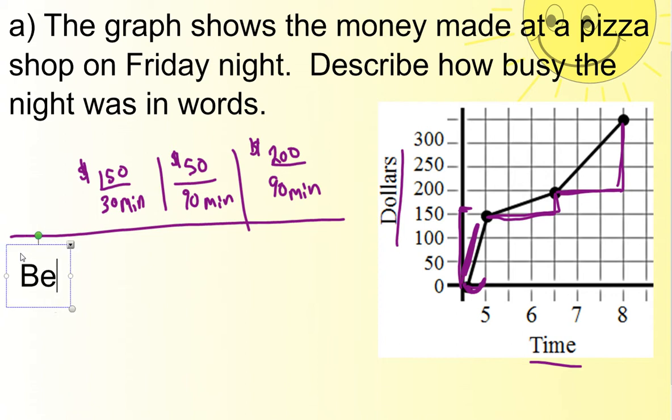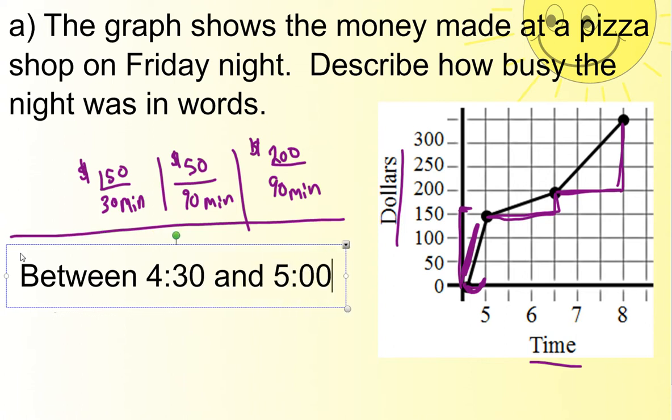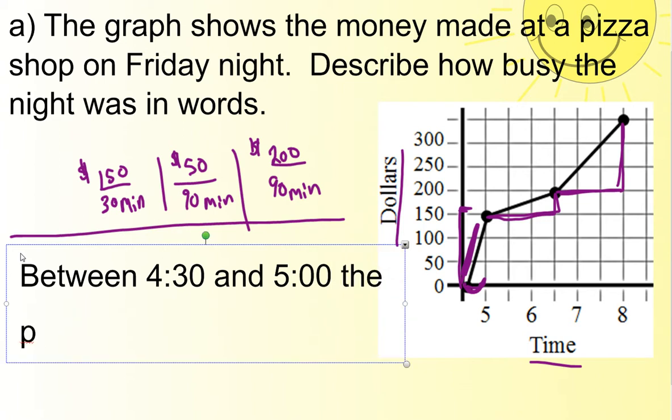So between 4:30 and 5 o'clock, what happened? Well, the pizza shop made a lot of money quickly.